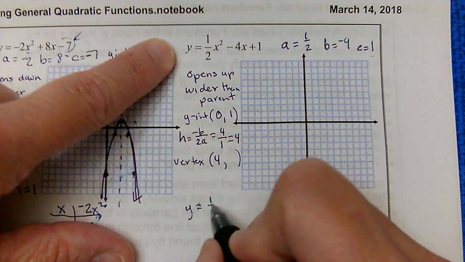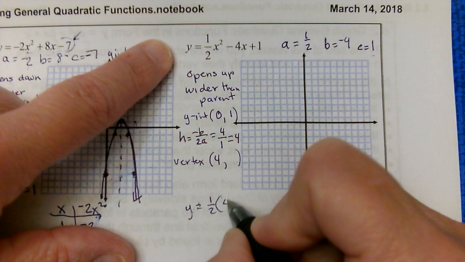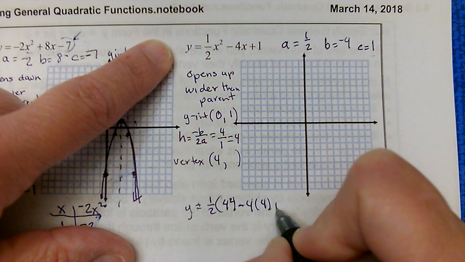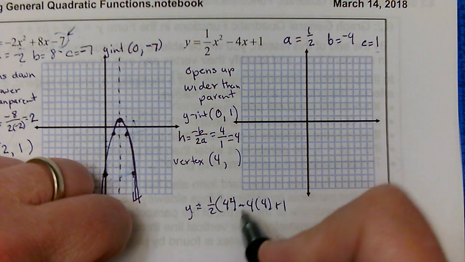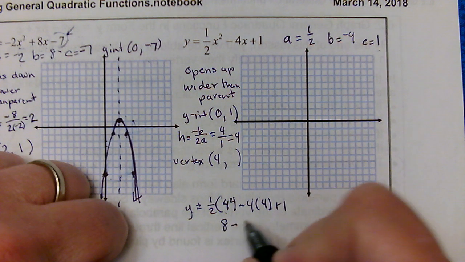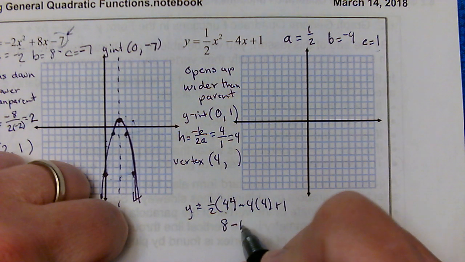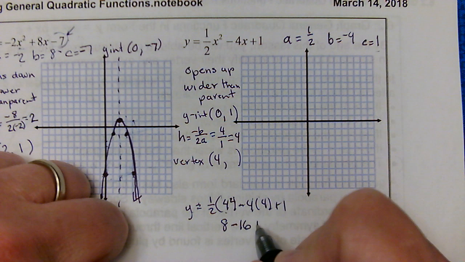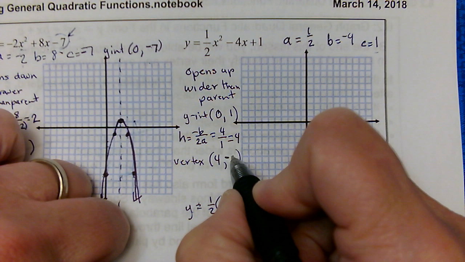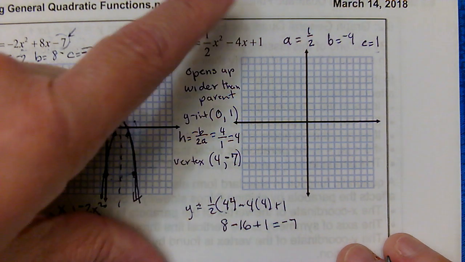So y equals 1/2 times 4 squared minus 4 times 4 plus 1. 4 squared is 16, times a half is 8, minus 4 times 4 is minus 16, so that would be negative 8, plus 1 is negative 7. So the y-coordinate of my vertex is negative 7.